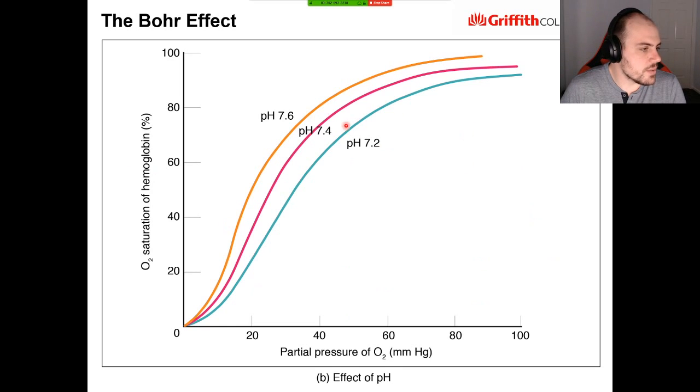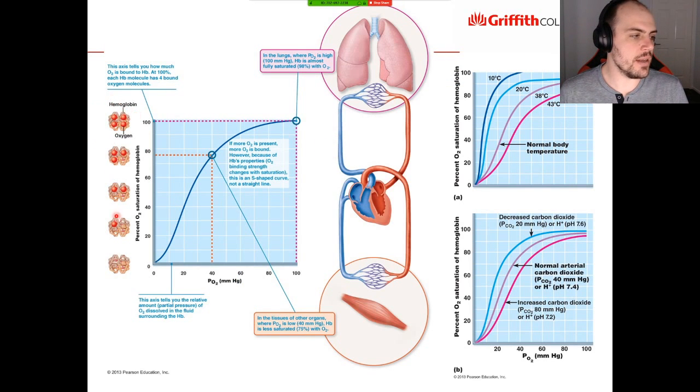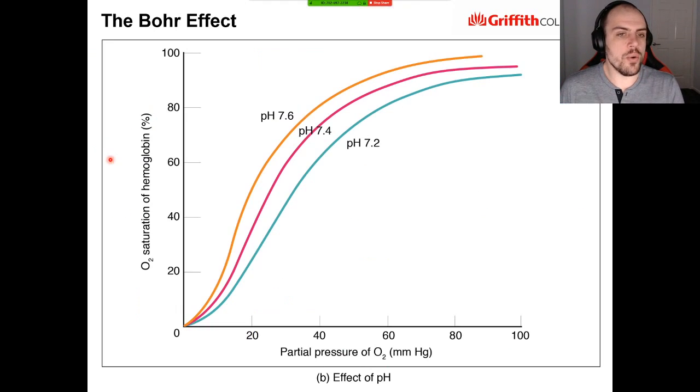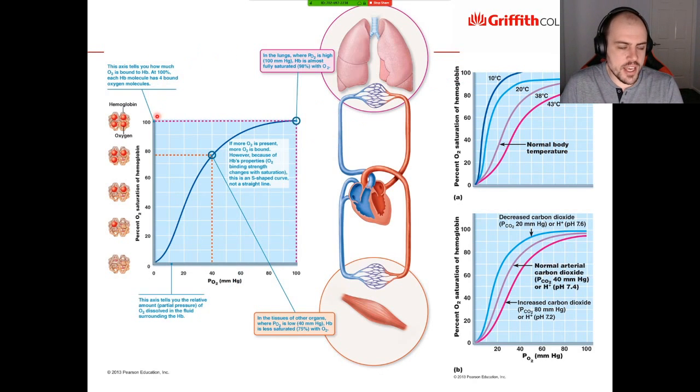Oh, this one here. All this is showing you is, on our y-axis, the oxygen saturation of hemoglobin. So what do I mean by that? Yeah, that's right, it means the O2. If I have 100% saturation, that means all of the hemoglobin molecules in my body are all full, okay?